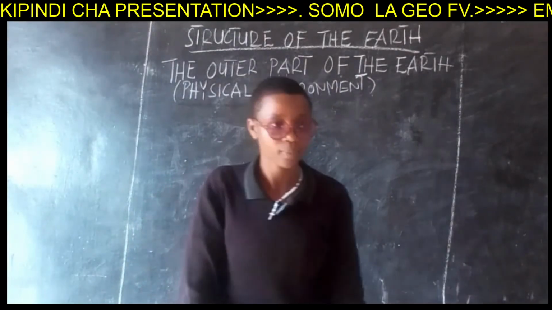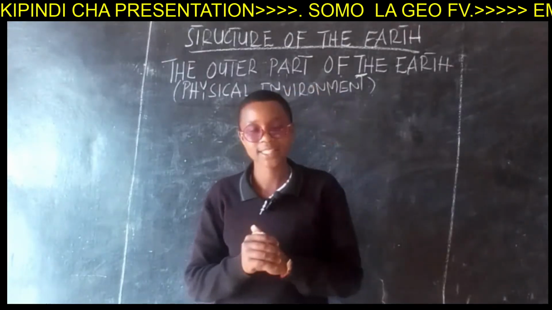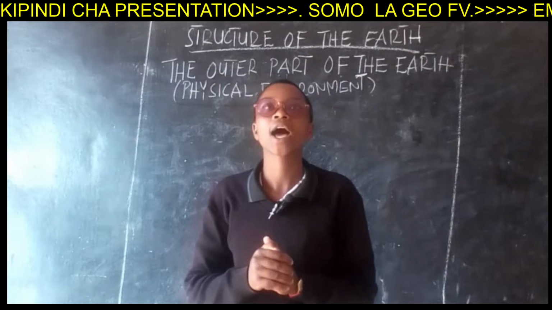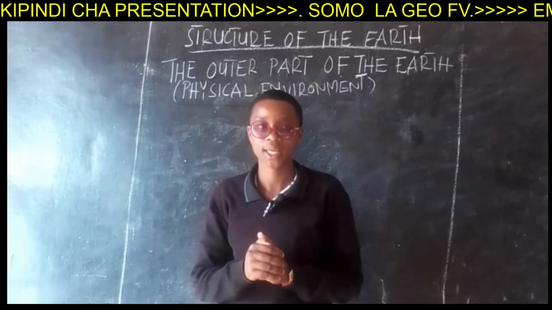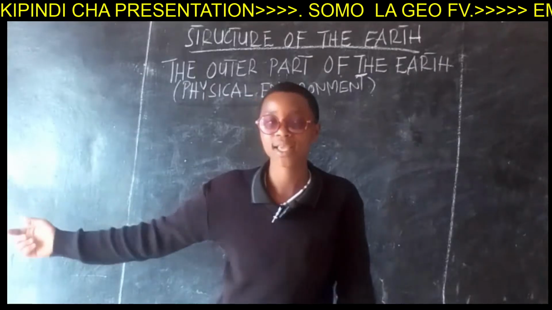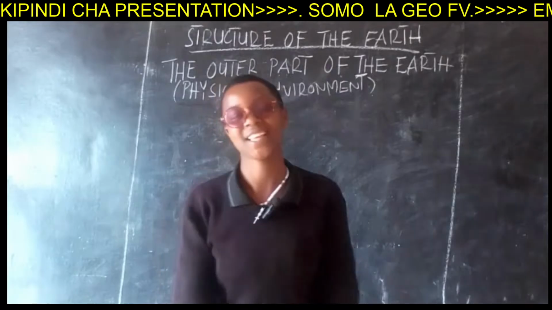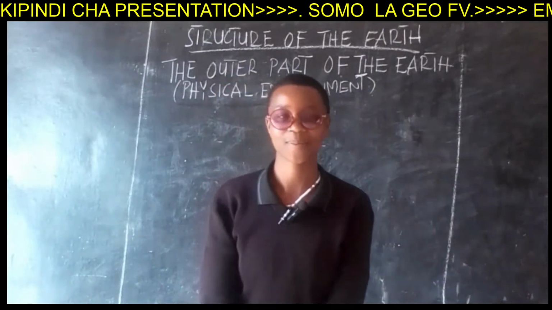Explain the meaning of abiotic. Abiotic component is all the living things in the atmosphere. Okay, fine.